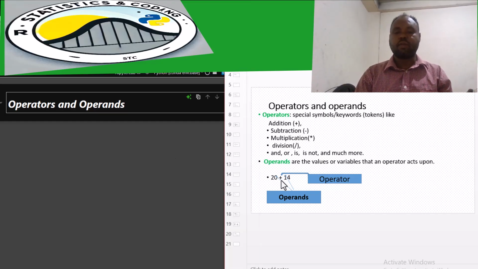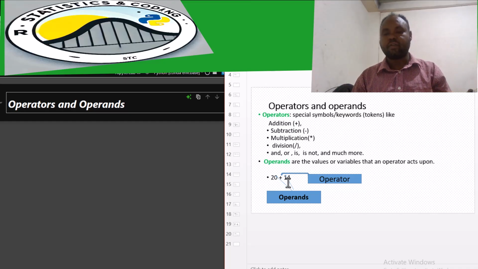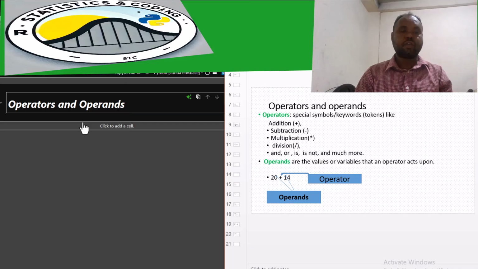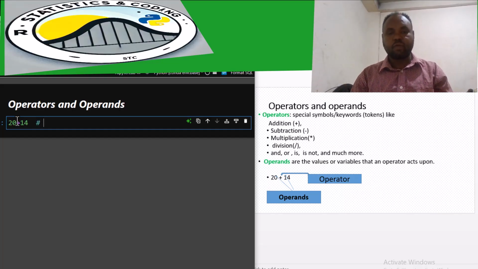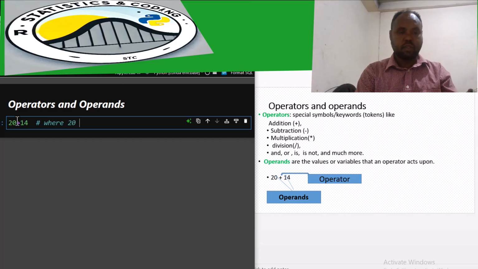In this simple example, 20 plus 14 is an expression. An expression is a collection of literals, variables, functions, or the like. So 20 plus 14 is an expression in which 20 and 14 are the operands, whereas this symbol is the operator.